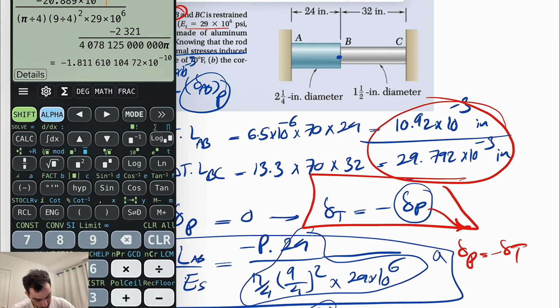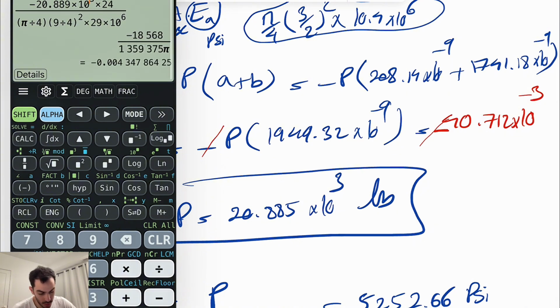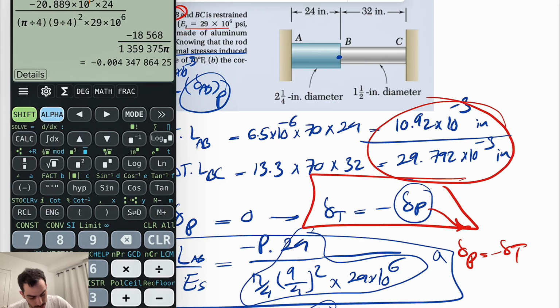I missed the 24 in here, and this is positive. I don't know why I put a negative. So that's the value we have for the compression of AB because of the force on the two ends. This gives us 4.347 times 10 to the minus 3.